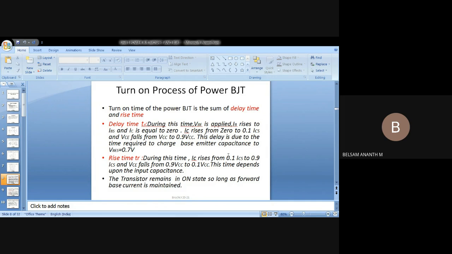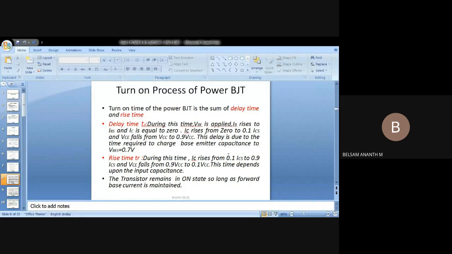Here it is just the reverse: the collector current rises from 0.1 to 0.9, therefore the collector emitter voltage falls from 0.9 to 0.1, a sudden fall. During this delay time and rise time, the transistor remains in the on state for a long period, so the forward base current is maintained.